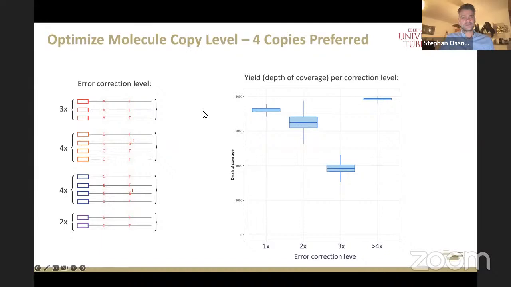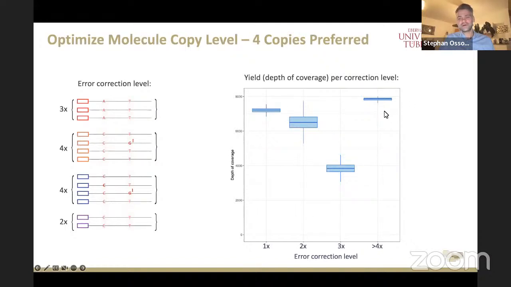One problem we had to face is that we had to optimize the PCR cycles and all that stuff because, well, it's a kind of a random process how many copies you find for each of the molecules. And our optimum lies here around 3 or 4. So we had to optimize the protocols to get as little as possible coverage of the 1x and 2x. But we didn't manage, as you see, to get that perfect.